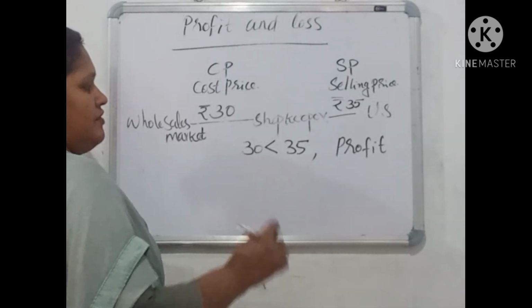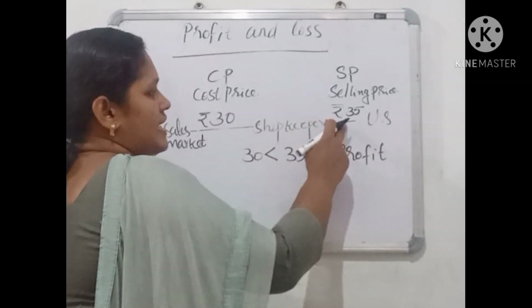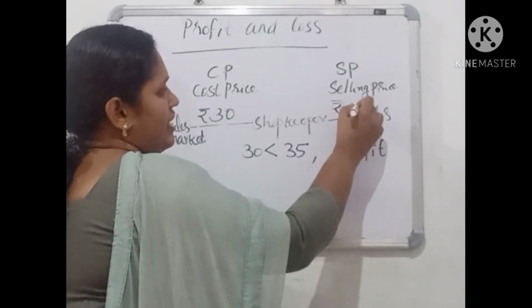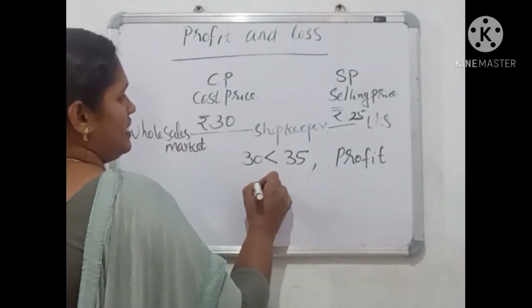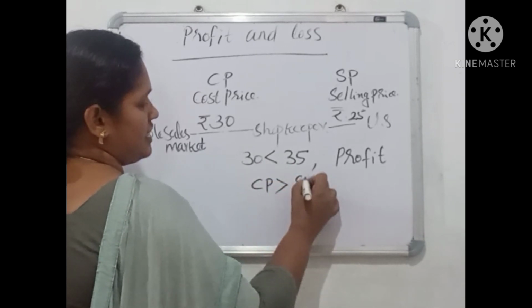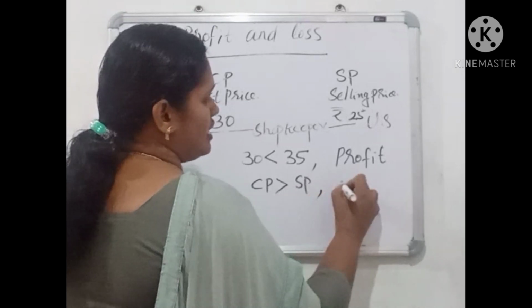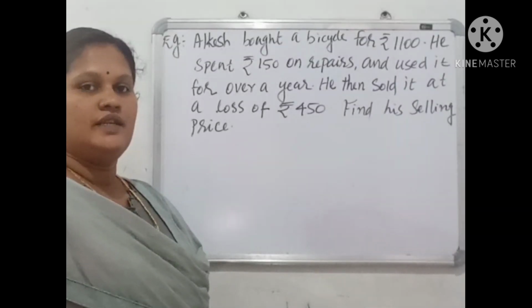Suppose he buys the things for rupees 30 and sells it for rupees 25, what will happen? The CP is greater than SP, so then there is loss. Clear? Next question.